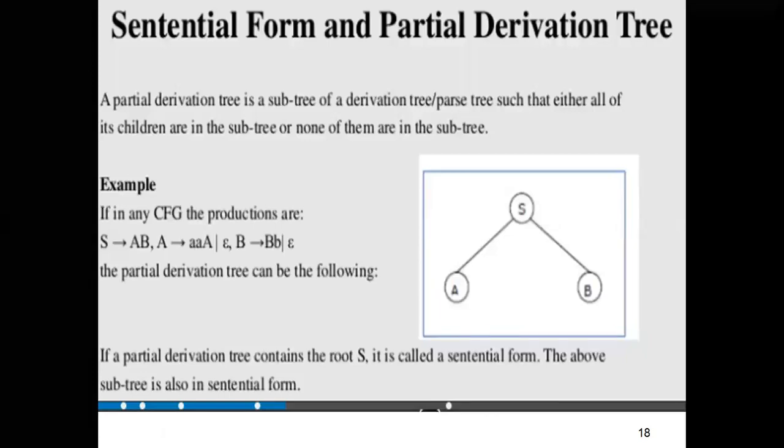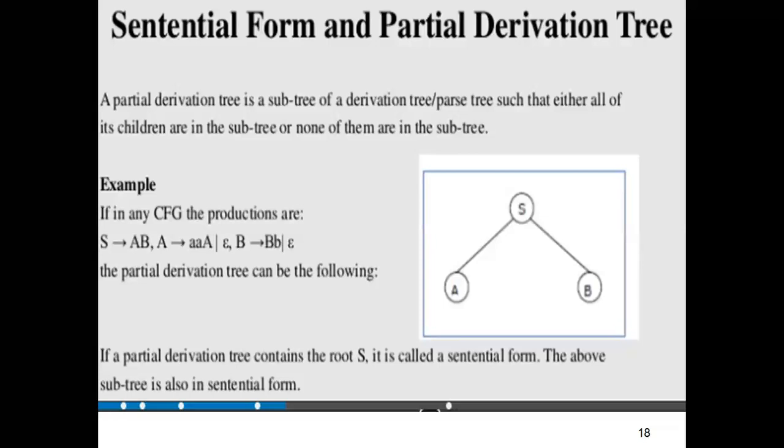And here, how to define the partial derivation tree: a tree is a subtree of a derivation tree. That means we are deriving a tree, right? And in that, any tree that we can call a subtree, and either all of its children are in the subtree, or none of them are in the subtree, then we can call it a partial derivation tree, right? See, here we have an example for this.